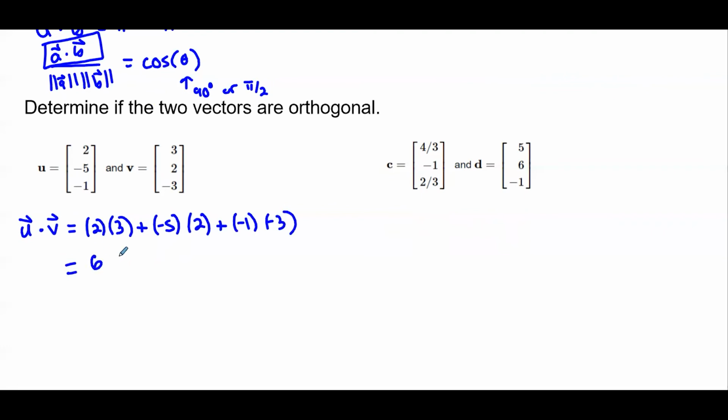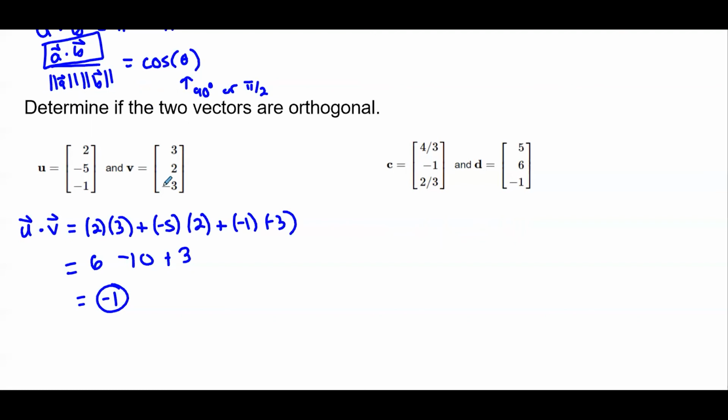Just taking the dot product, plus 3, and that looks like -1. Yeah, that's what we got before. So the dot product is -1. That means that these vectors are not orthogonal.